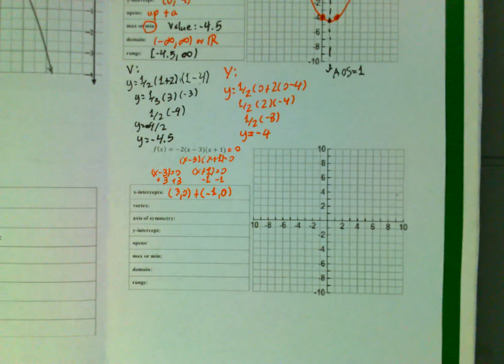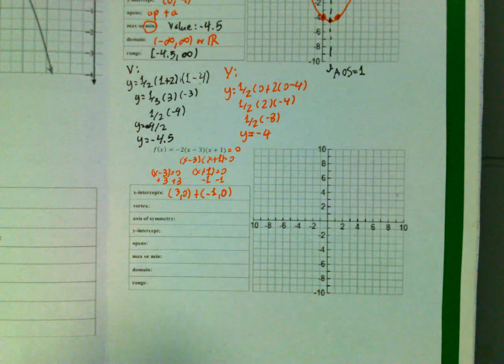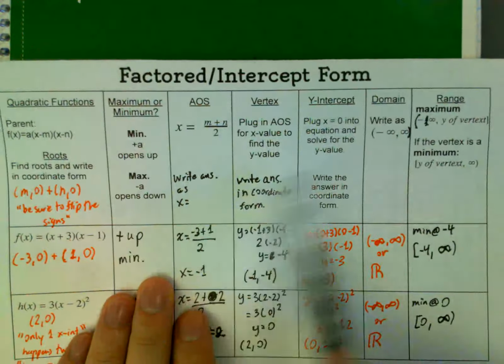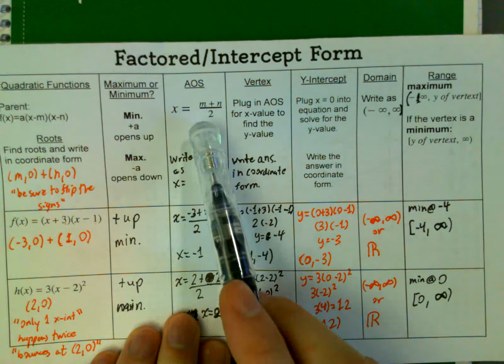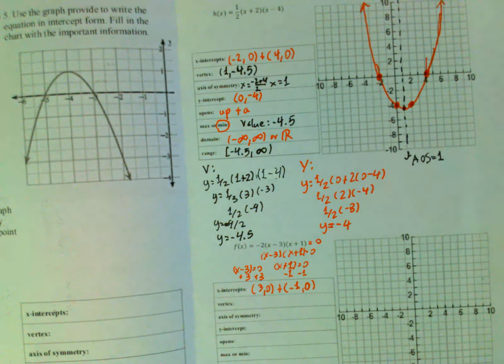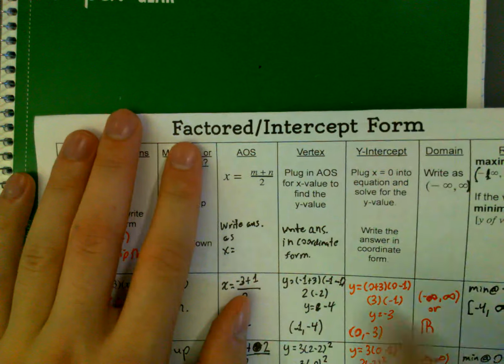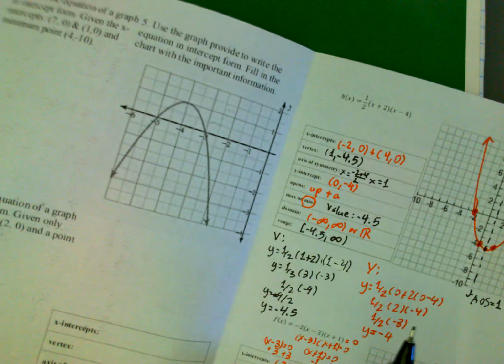Now, for vertex, again, remember the vertex equation? It was m plus n over 2. Sorry, that's axis of symmetry. For vertex, I keep mixing them up because they wrote it backwards in this table. I would have done axis of symmetry first, then vertex.